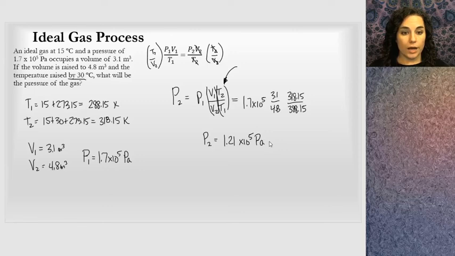Okay. I converted this to atmospheres just to get an idea of how many atmospheres this is, and it's 1.197 atmospheres, which seems about right. It's not an astronomically large number, and it's also above 1 atm, which I expected.